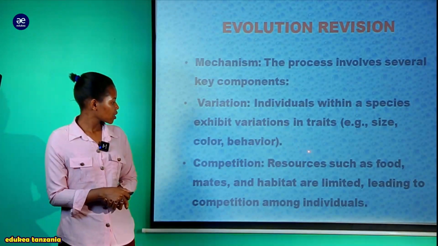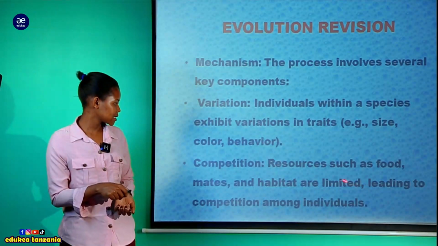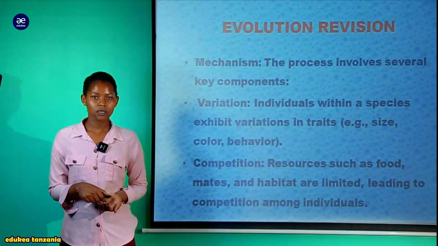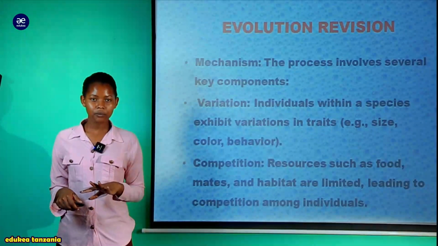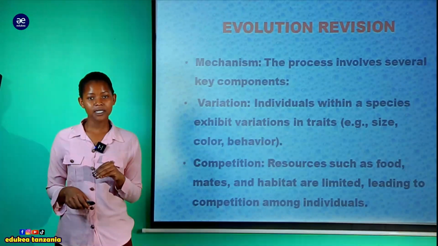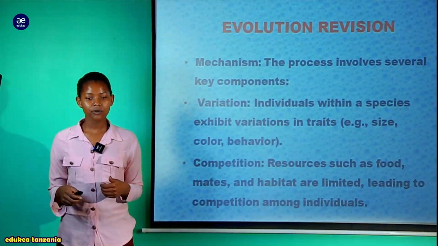Resources such as food, mates, and habitats are limited, leading to competition among individuals. A component of natural selection is competition, meaning that there might be limited resources in the environment, maybe food, space, light, and so forth.